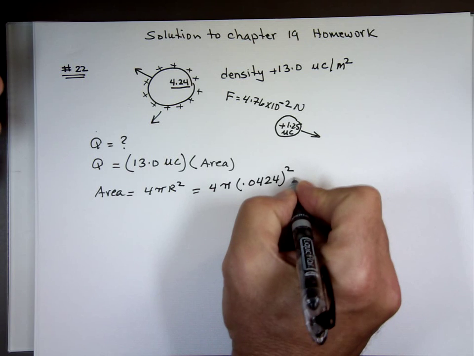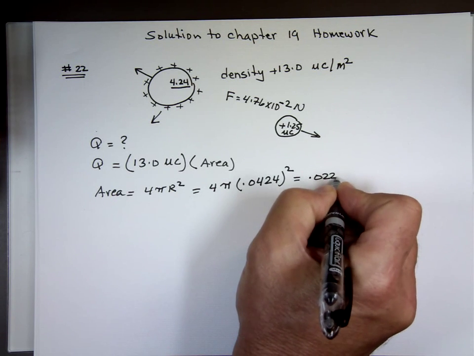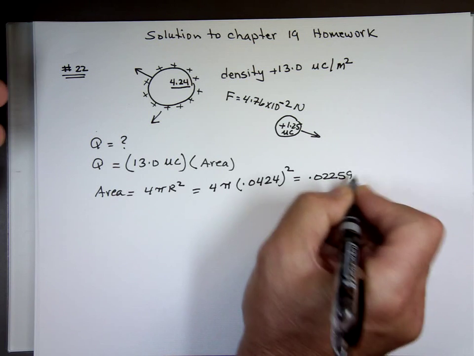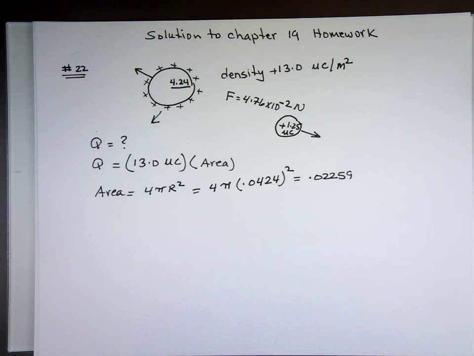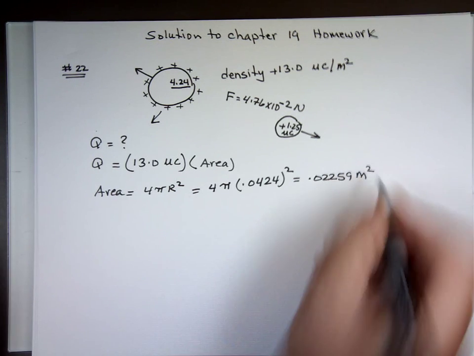The surface area we're talking about is 0.02259. That means if you take a thin knife and you fillet that sphere and lay it flat, the area of that will be that much.